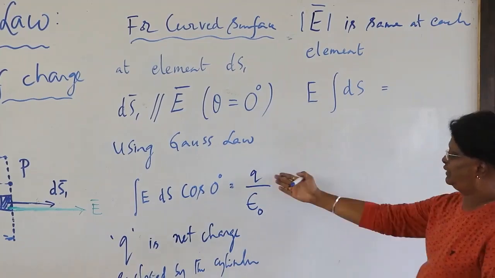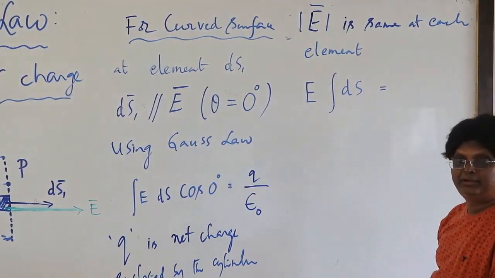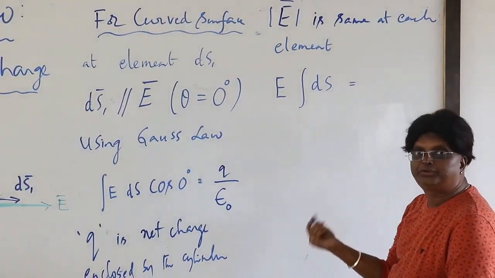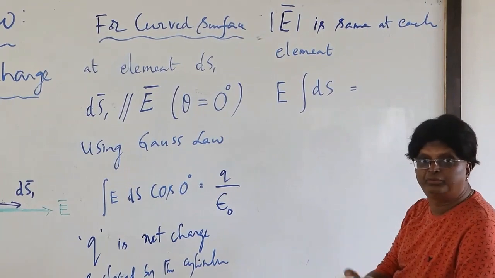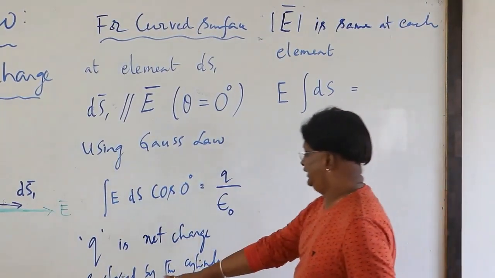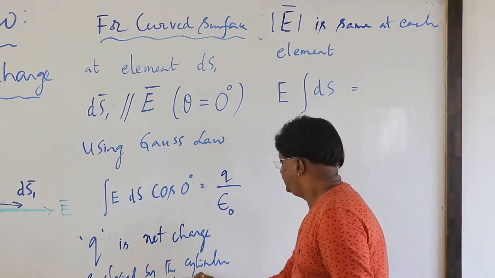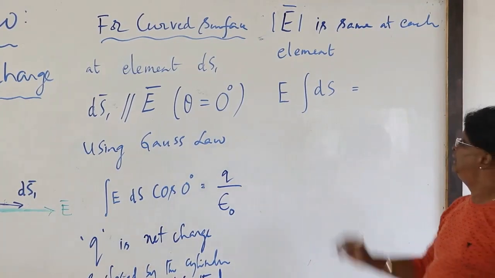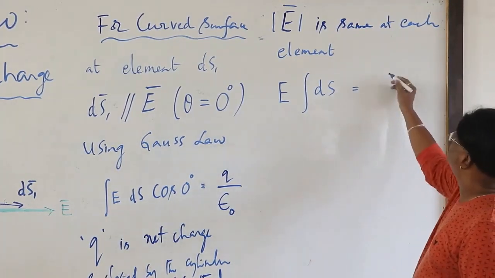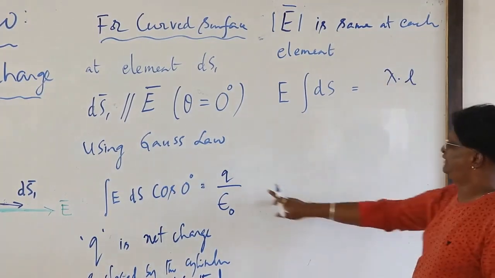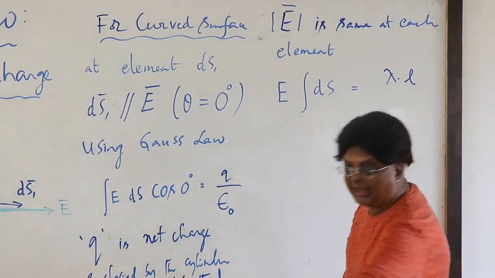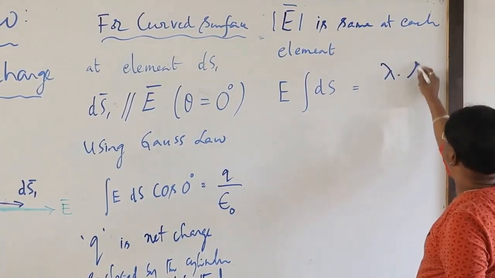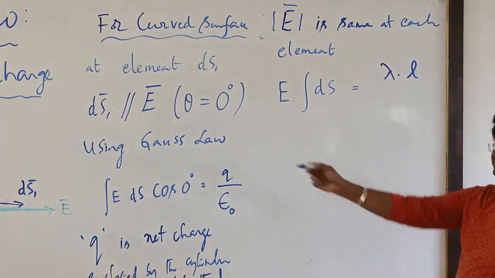Integral ds is equal to, now how to write this Q? Earlier we said, the linear charge density, remember, Q is equal to lambda into L, where lambda is the charge per unit length. Now this is enclosed by a cylinder of length L and radius R. Therefore this Q becomes lambda times L, charge per unit length into length, the total charge which is enclosed.